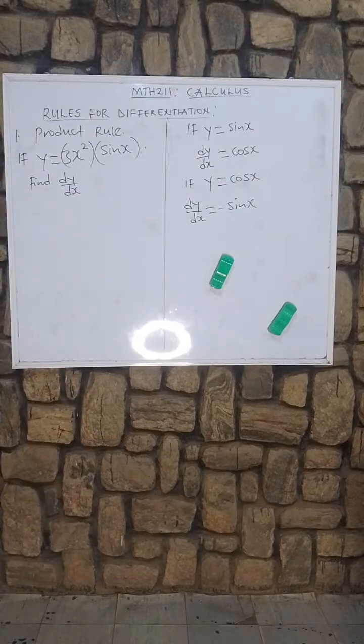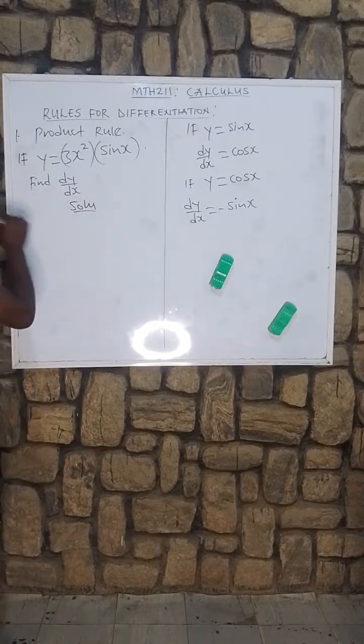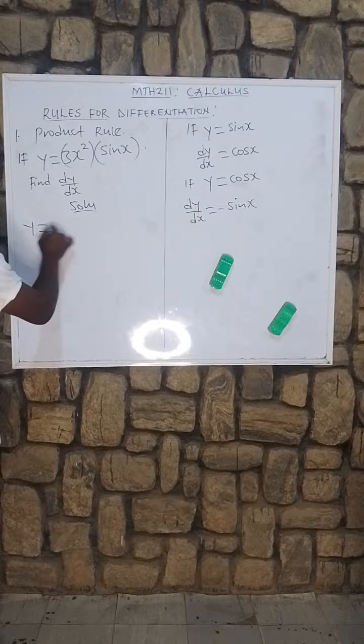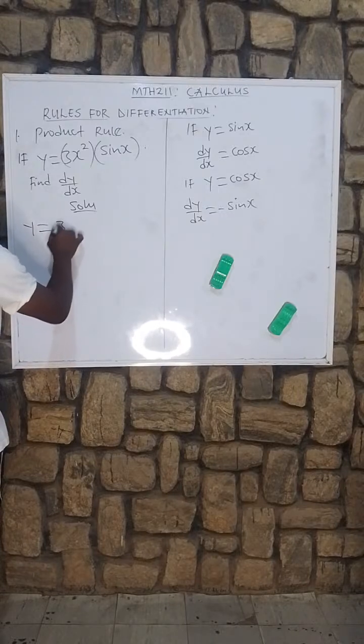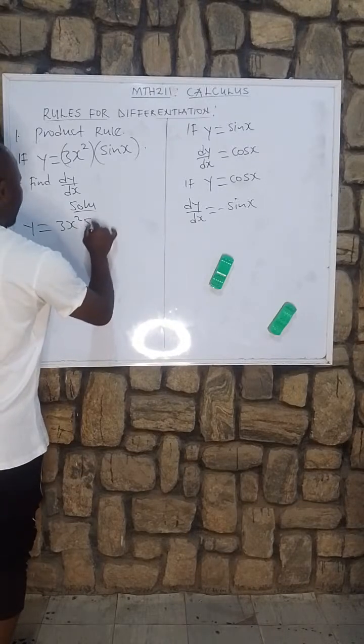Amen? What we need to do here is write the solution. Our y equals 3x squared sin x, even without brackets.